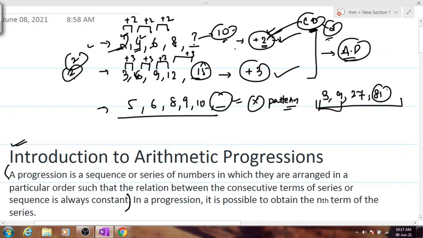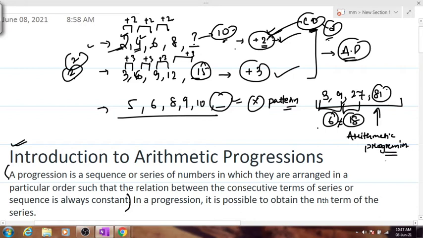Out here the common difference is how much? 9 minus 3 is how much? 6. 27 minus 9 is how much? 18. We directly see out here that this difference and this difference are not equal. So we will say that this series does not belong to arithmetic progression.